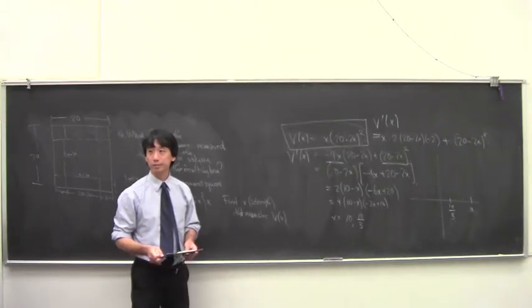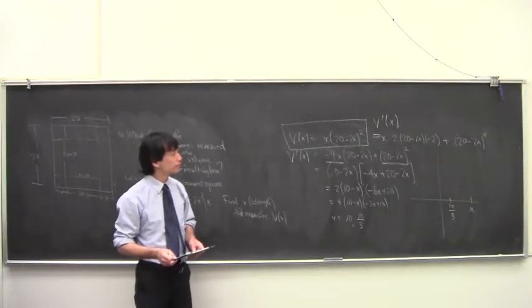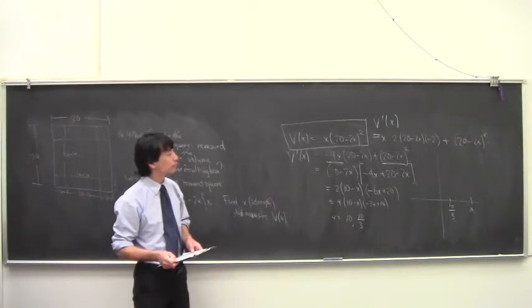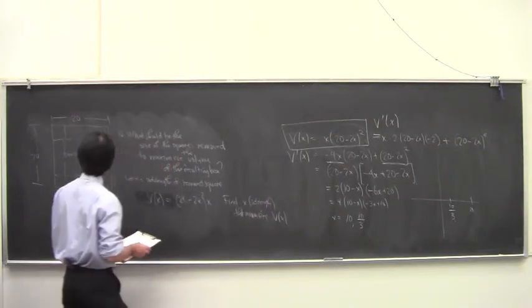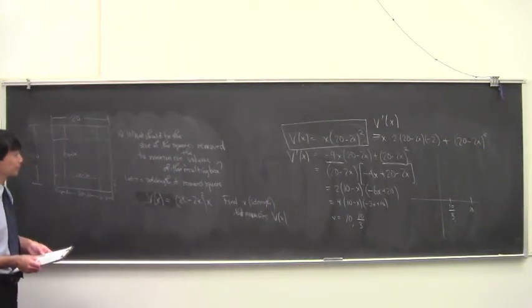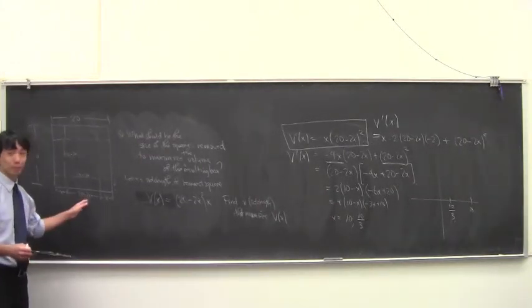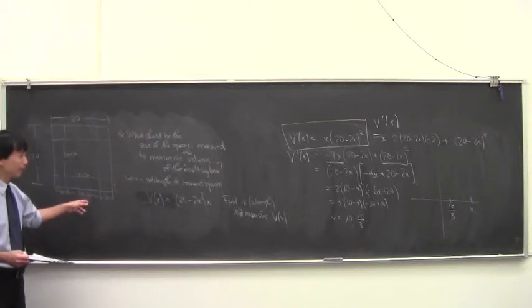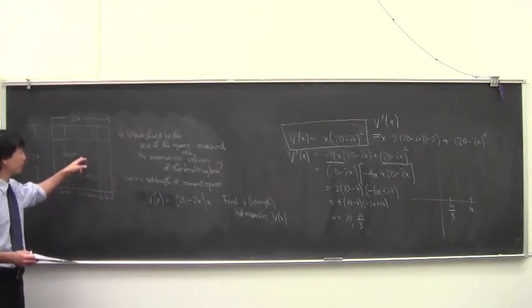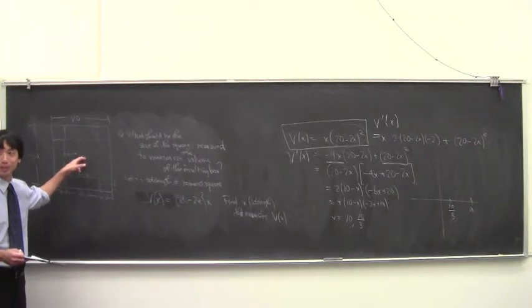Yeah, Victor. So can you say that 10 doesn't work because for this to actually be a box, you have to limit the range of x between 0 and 10 on an open interval? Yeah, I mean, what becomes obvious is that 10 would be a minimum volume, right?